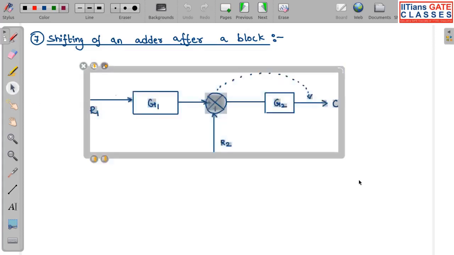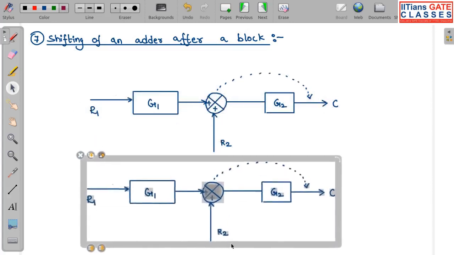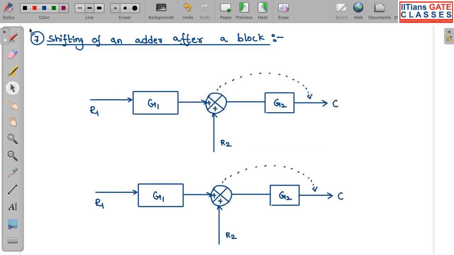First determine that. Here you can see that it is R1 G1, over here it is R2 plus R1 G1, and here it will be G2 into R2 plus R1 G1.